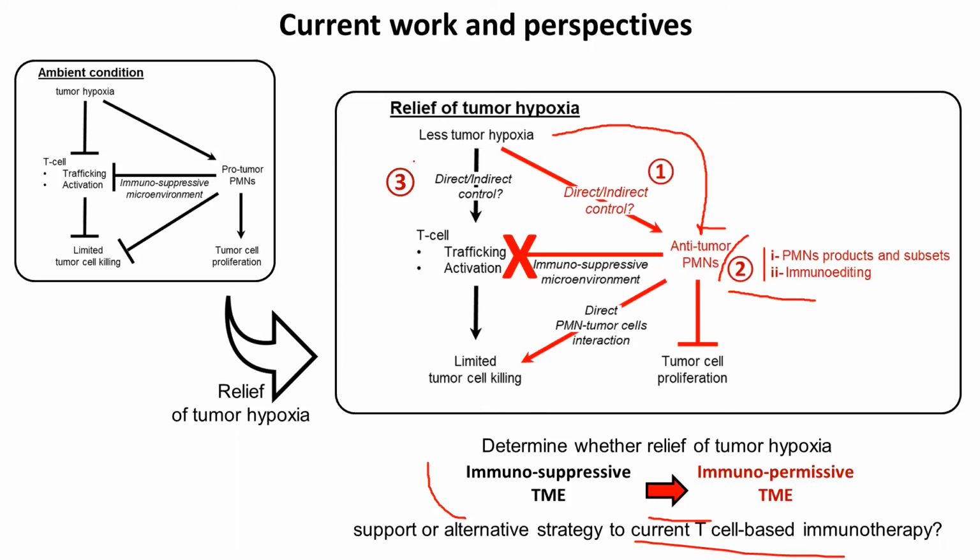So for that, and this is our third axis of research, we are now investigating how relief of tumor hypoxia affects or controls the immune response in different human cancers, where this time neutrophils are first believed to promote tumorigenesis, and where T cells are known to be crucial to combat cancer.